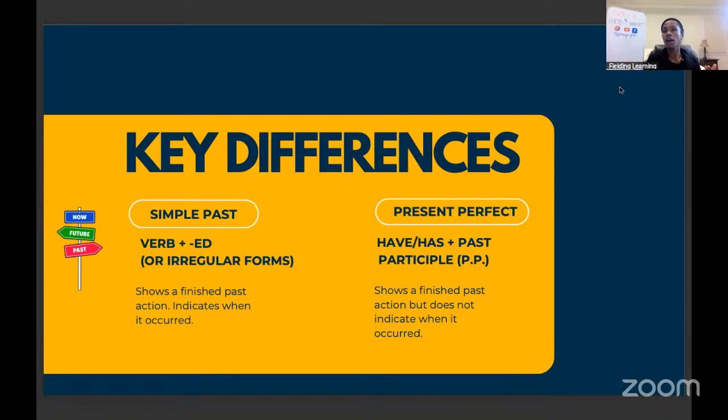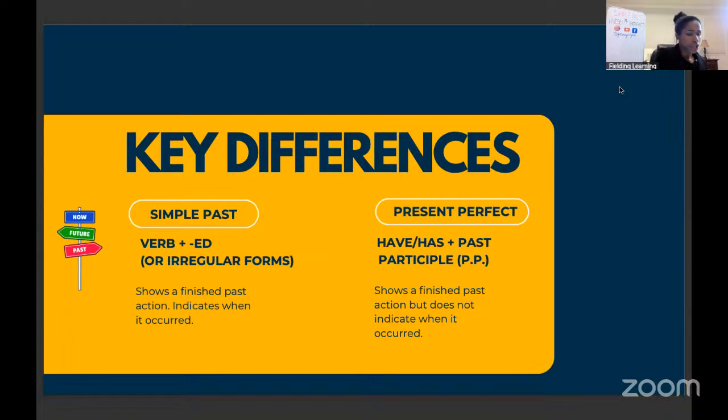Those are the verbs that you guys are going to use to make the present perfect, because the present perfect shows a finished past action but does not indicate when it occurred. Okay, so when is the past? Yes, you know when actually that happened. But in the present perfect, you don't know. It's somewhere in the past, but you don't know when it happened.